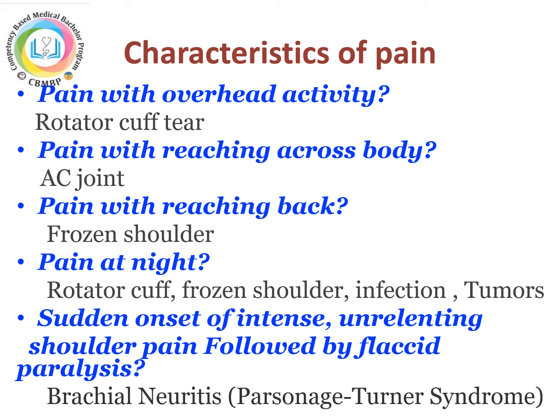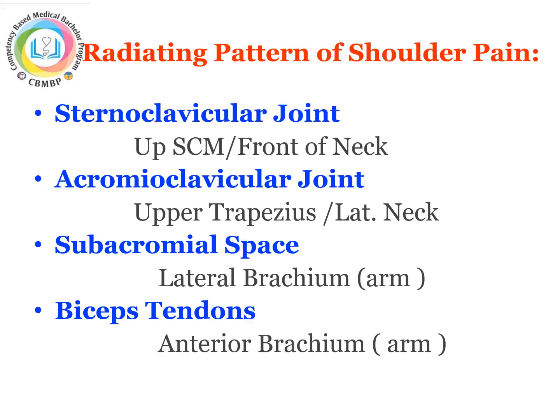Here the patient is complaining of severe sudden onset of pain, awaking him from sleep, and 1 week after, the pain is improved, and there is an intensive atrophy of the deltoid and biceps muscle. This is the Parsonage-Turner syndrome. Not all shoulder pain originates from the shoulder itself; it may be radiating from another site.